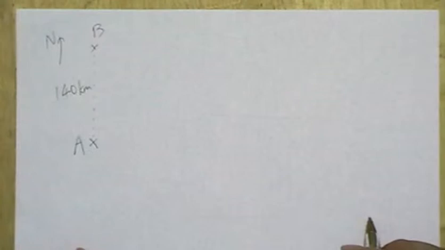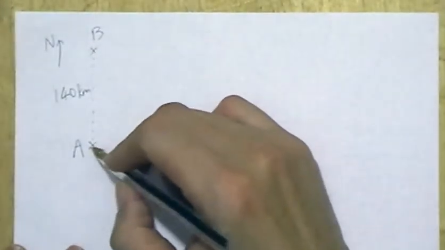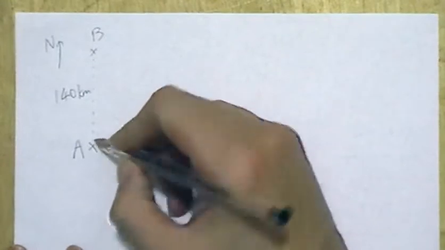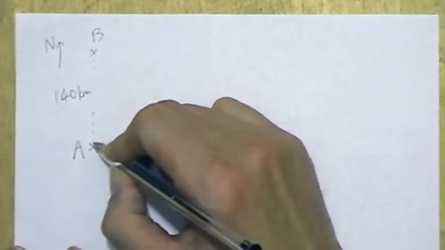Now when the bird started flying, it did not go straight north. It went in a slightly different direction.